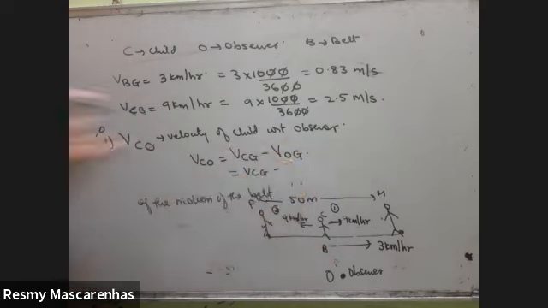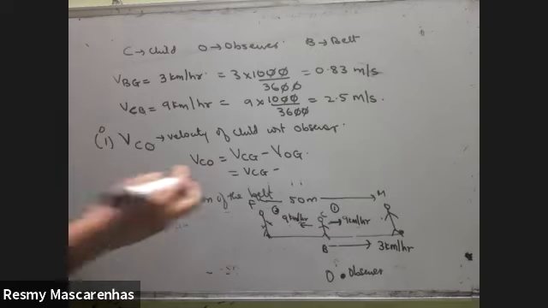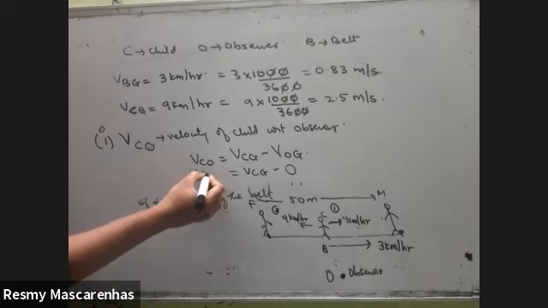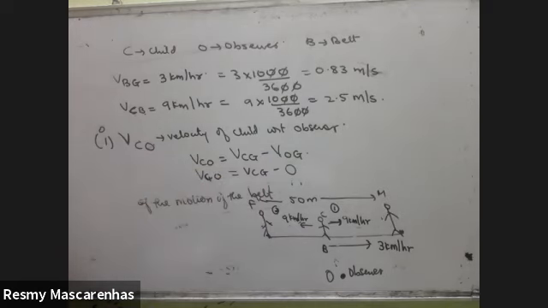Can anyone tell me what is the velocity of the observer with respect to ground if he's fixed? He's outside the belt, he's not standing on the belt. What is the velocity? 0. Yes, 0. Okay. Now let us calculate this and then substitute here.